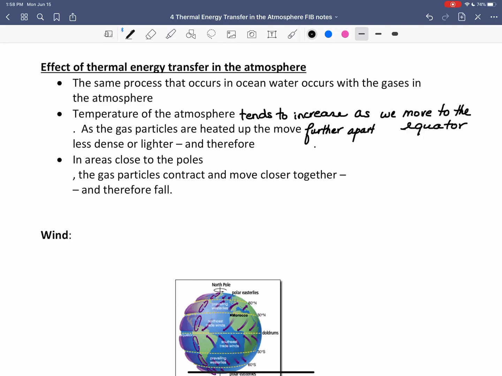So they become less dense or lighter, and therefore they rise. In areas close to the pole, the opposite happens. The temperature of the gas is cool. The gas particles contract and move closer together, and that makes them more dense or heavier, and therefore they tend to fall.